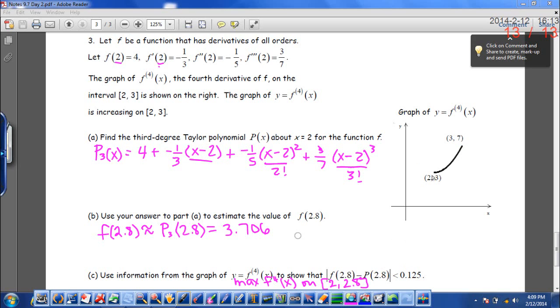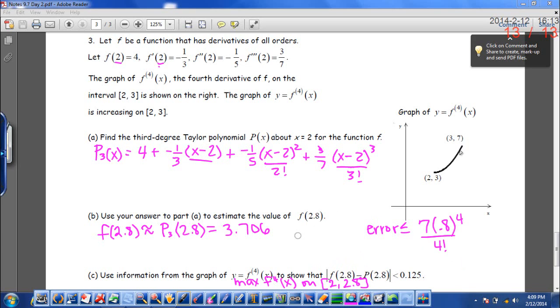So that error is going to be less than or equal to 7 times the difference between where I'm centered and where I was approximating it. So 2.8 minus 2 is 0.8 to the fourth power over 4 factorial.